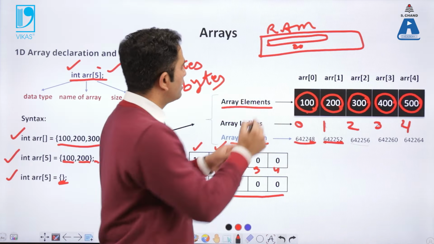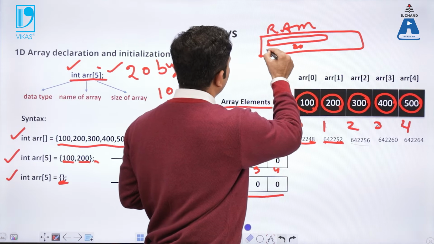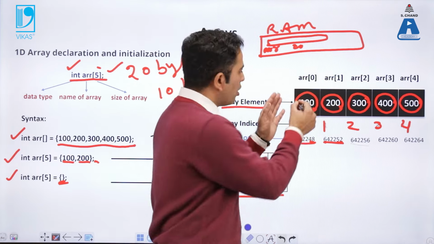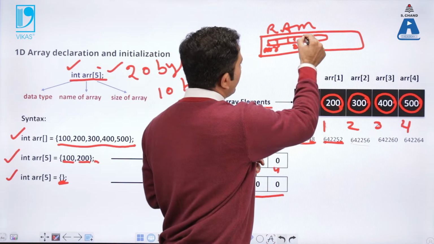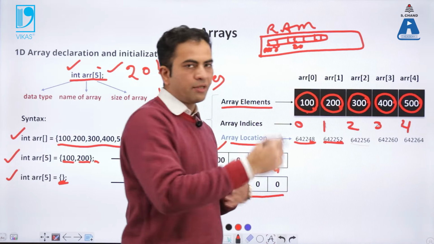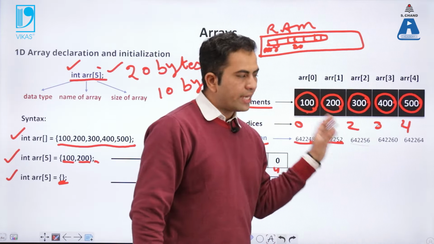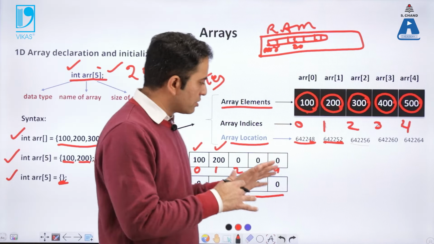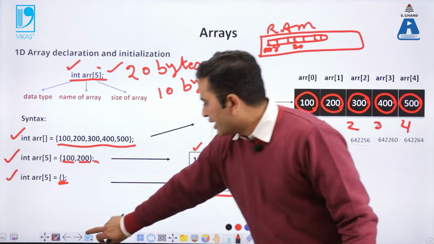Inside this, the name of these continuous bytes is now arr. Whatever values you are saving, all the values will be saved in a continuous manner. That's why we represent these boxes pictorially. So I hope it is very clear to you now. Let's move forward.